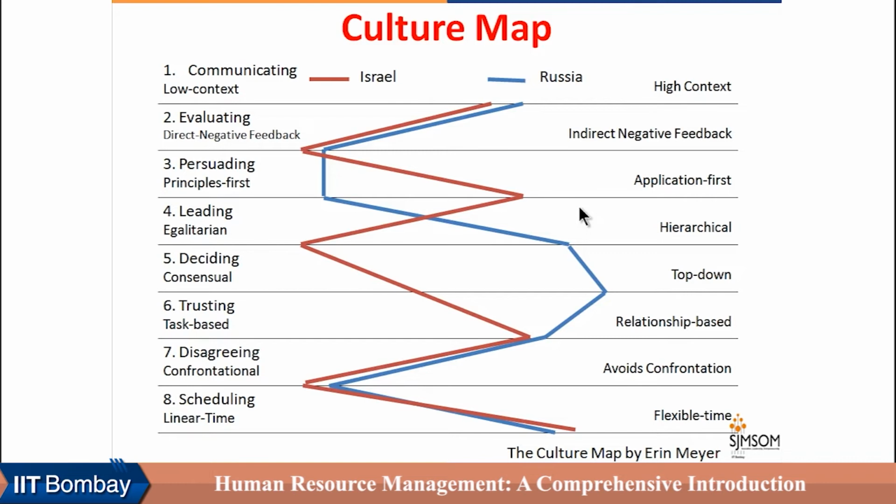So, in Australia and in Saudi Arabia, we see more preference for top down decision making in comparison to very consensual based decision making in Japan. Trusting, in some cultures, is more task based.